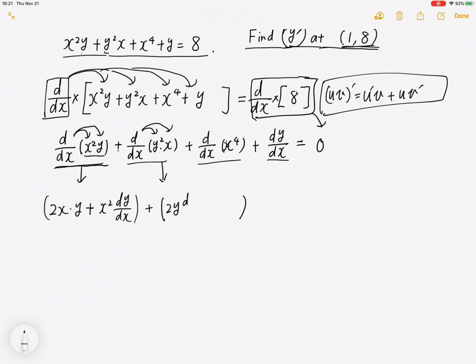But remember, you have to use the chain rule. dy dx appears, and then this x stays put, right? And then next term, you take the derivative of x, so dx over dx is just 1, so y squared comes out. The third term is simply 4x cubed. And then we have the fourth term, y dy dx equals 0.